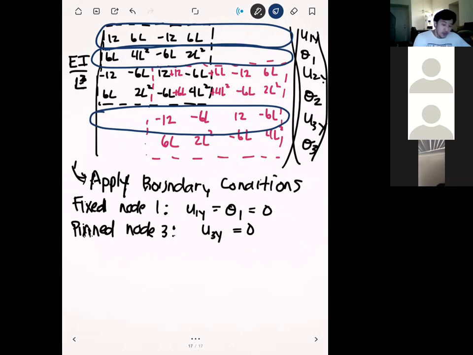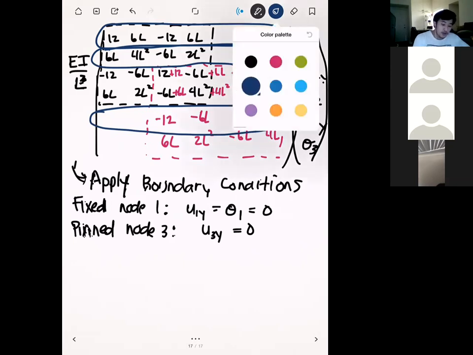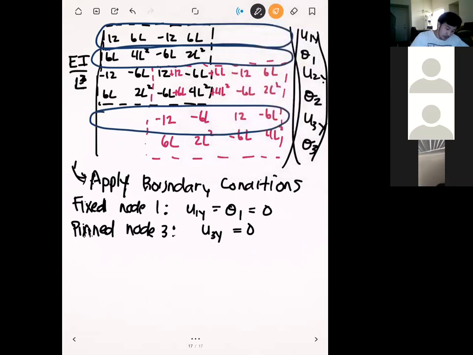We also have two Neumann conditions on node 2. We have a downward force of P, which goes in the row of U2y.